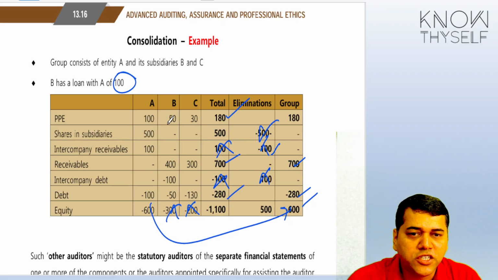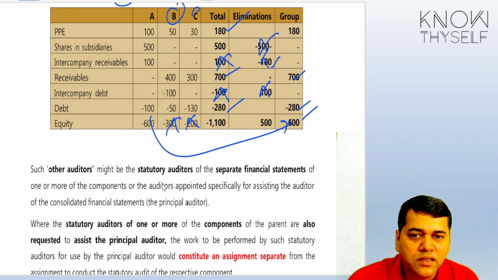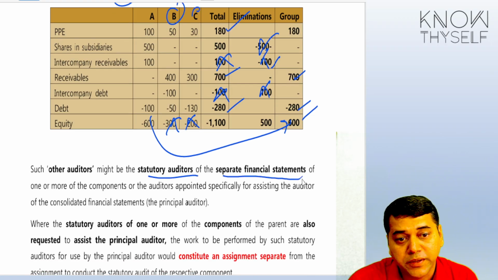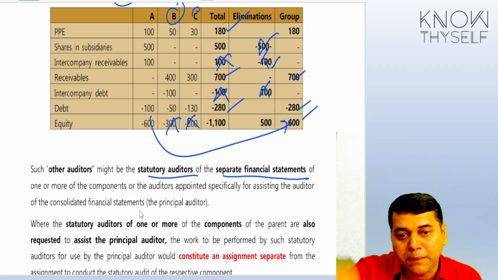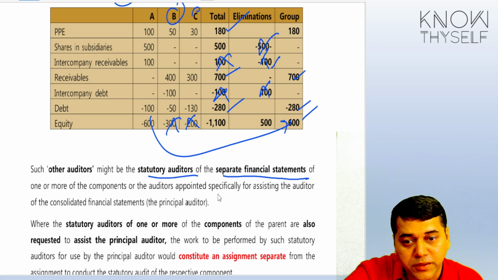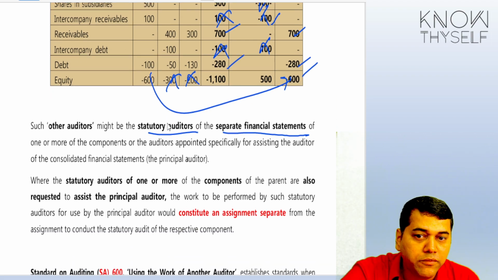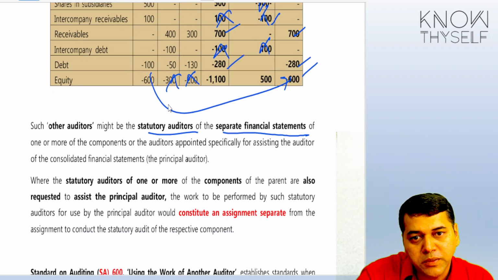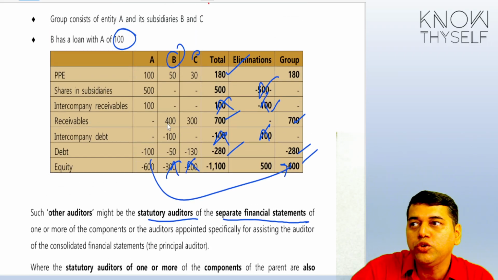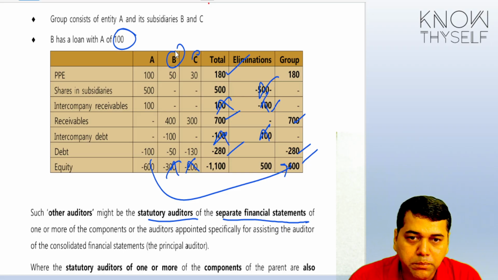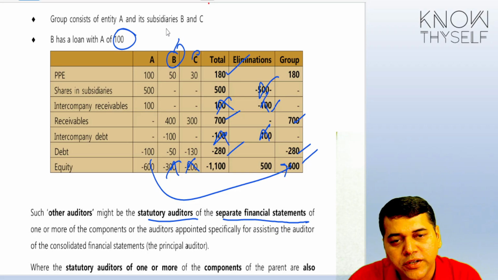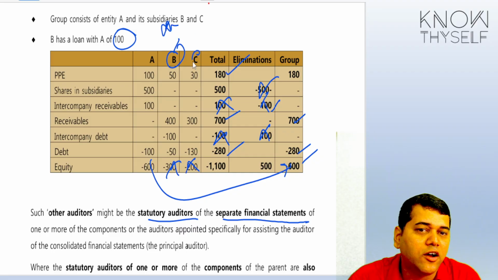Okay. Now, such other auditors of B and C might be the statutory auditors of separate financial statements. Now, if you happen to be that statutory auditor of that separate financial statement, how may it work? Do they have the responsibility to respond to you, to help you do the consolidation? Now, you understand, students. B Limited must have appointed some ABC XYZ as an auditor.